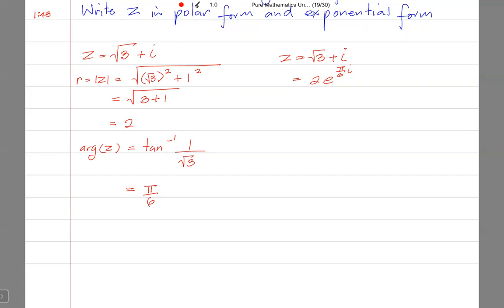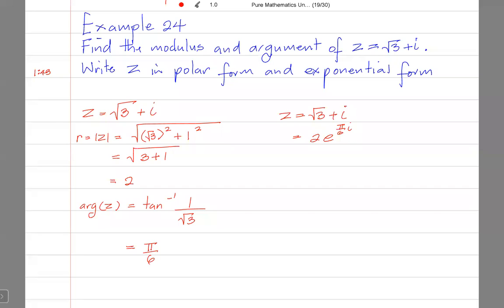All right, did you get this, guys? All right, so the question asks for two things. It asks for the exponential form and it asks for the polar form. So the polar form is z is equal to r, which is 2, times cosine of the argument, which is pi by 6, plus i sine pi by 6.